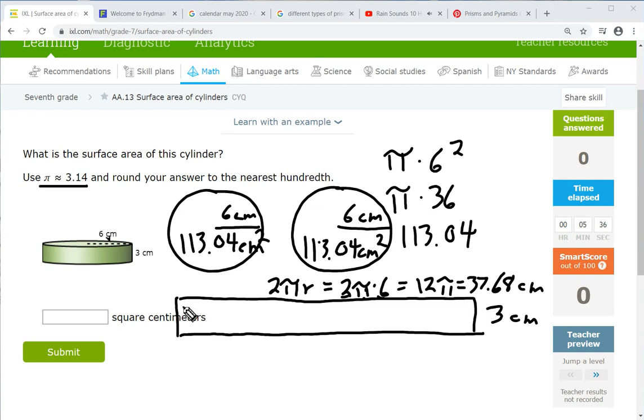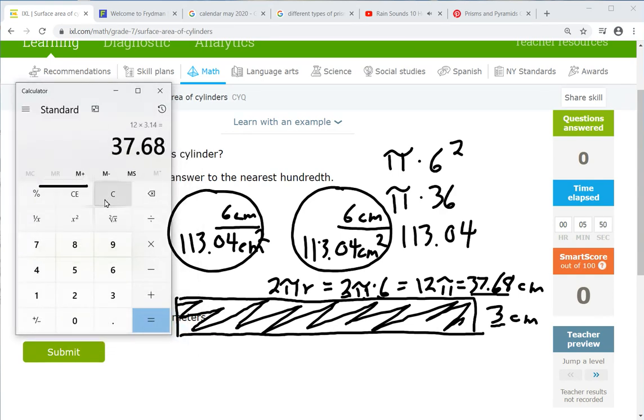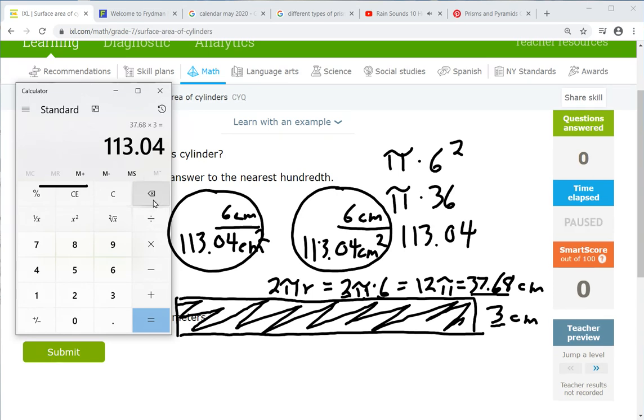So now to find the area of this rectangle here, we would have to do 37.68 centimeters times 3 centimeters. I'm going to use the calculator for that also, rather than doing it by hand. So it's also 113.04, just like the circles. That is not always going to happen. Yeah, so it happened this time.